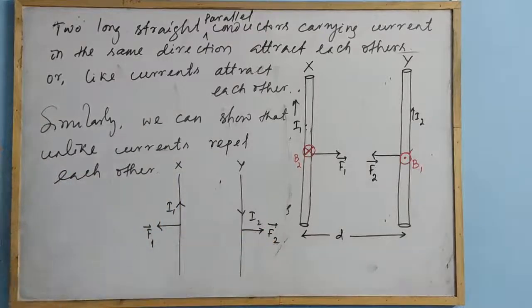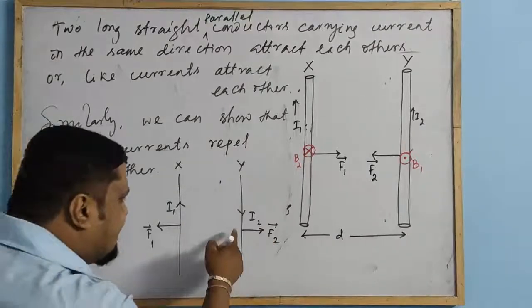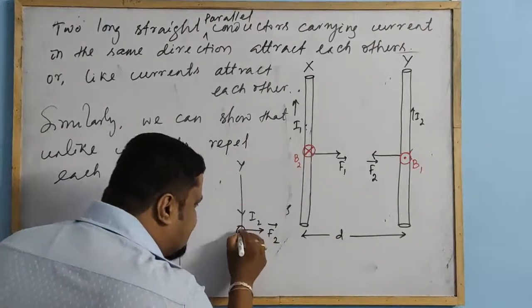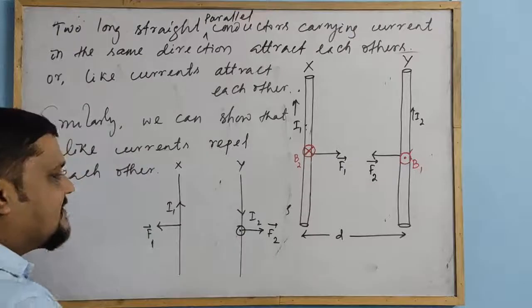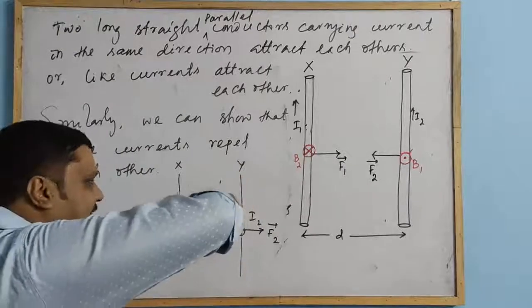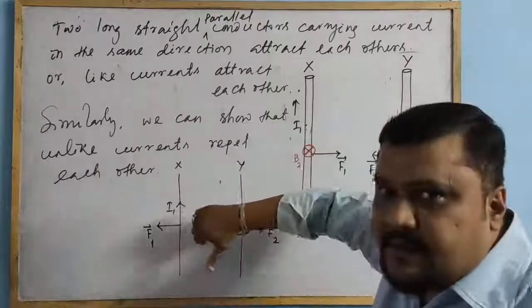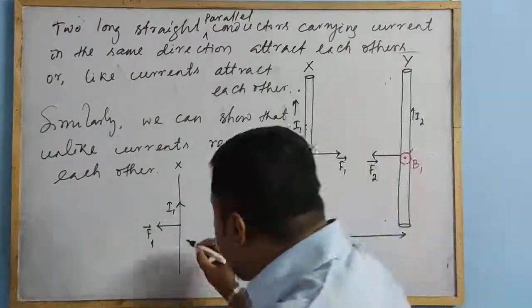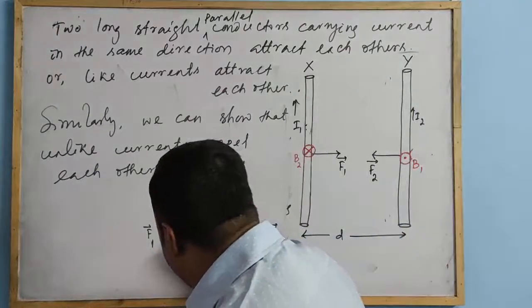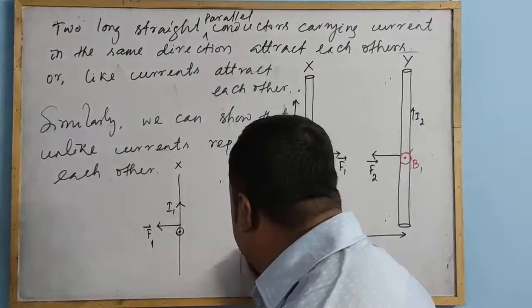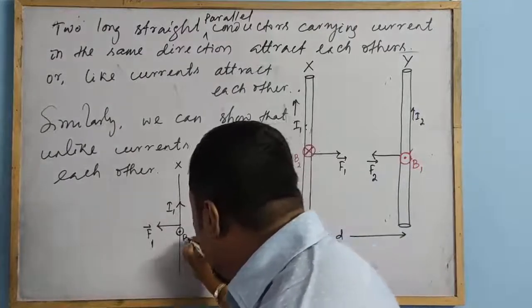So they will be opposite because in this part the magnetic field is here. But for this conductor, the current is along this direction, so here also the field is perpendicular, on this region perpendicular inward. So this is the magnetic field, B1, here suppose B2.